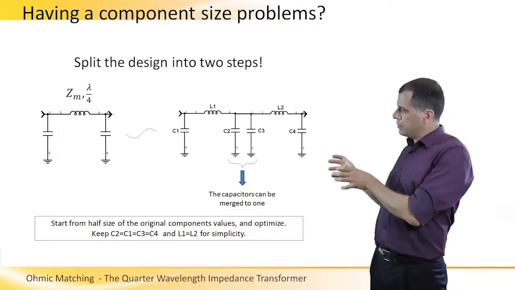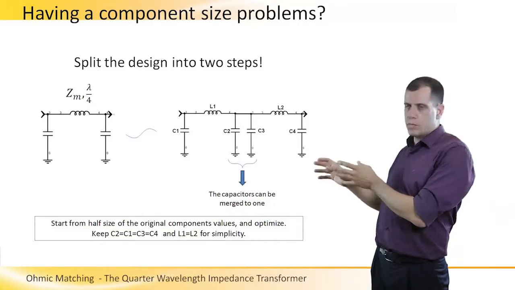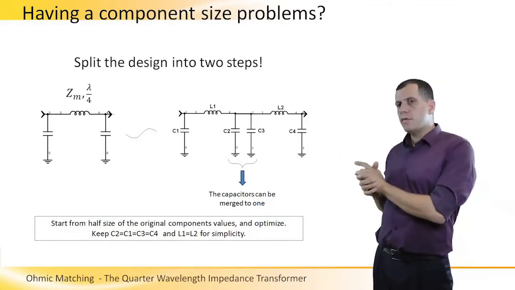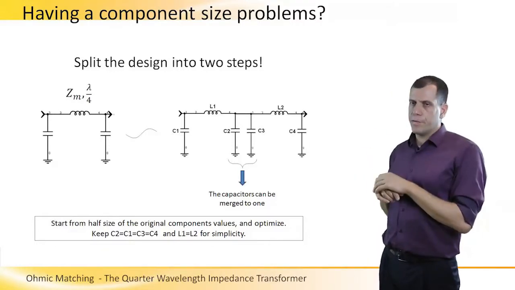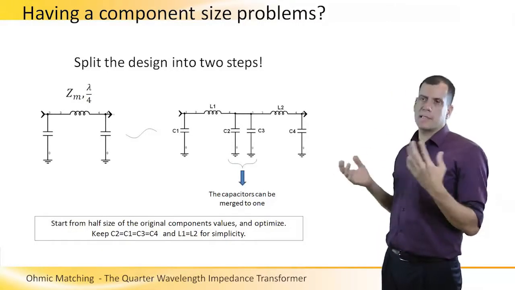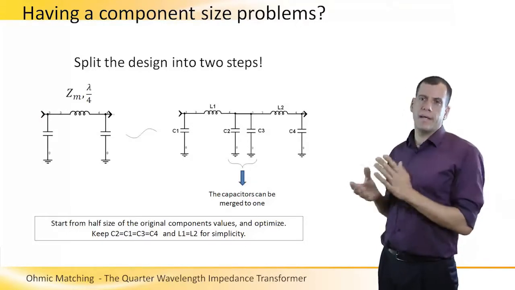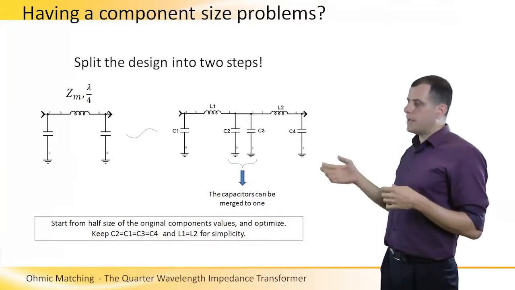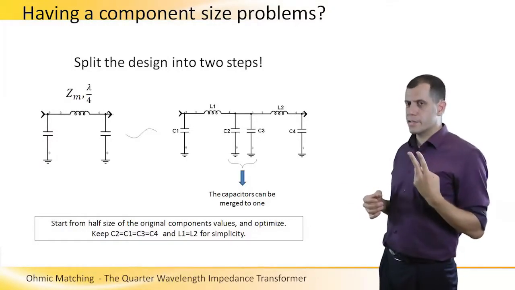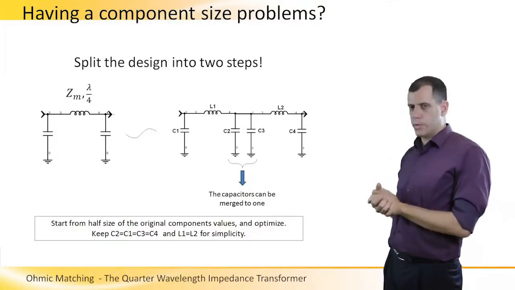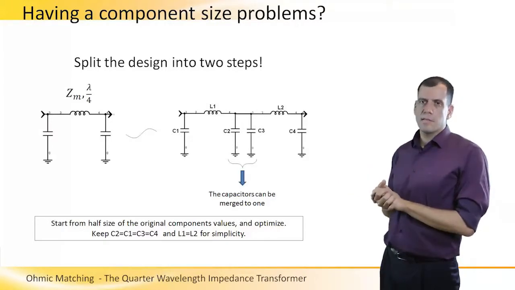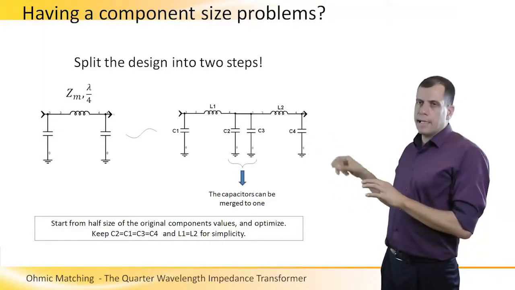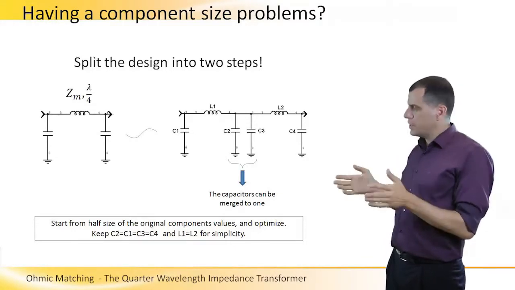But how do we design that? In order to determine the values of L1, L2, C1, 2, 3, and 4, instead of taking F in our formula, like let's say we have a system at 1 gigahertz, instead of calculating with 1 gigahertz, we calculate the values using 2 gigahertz, twice the frequency that we work with, and we get the values of L and C. We place the L and C in our location, put it in a simulator.